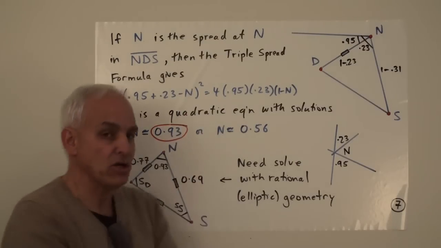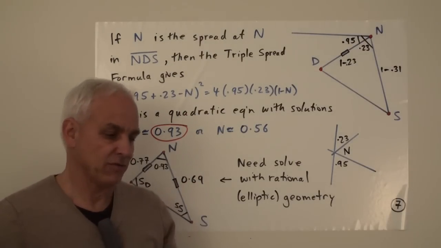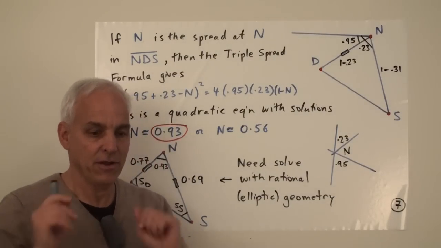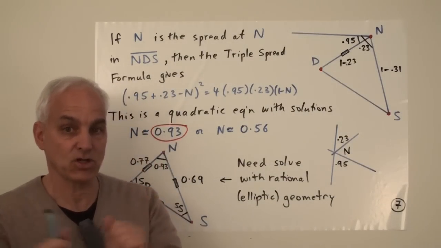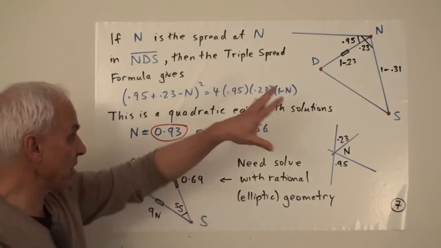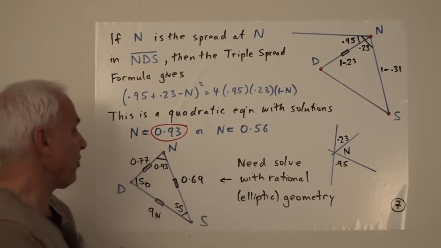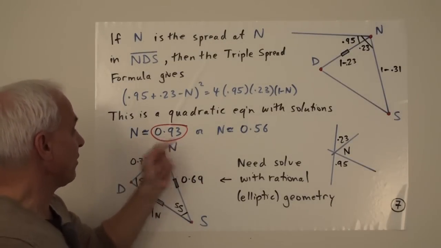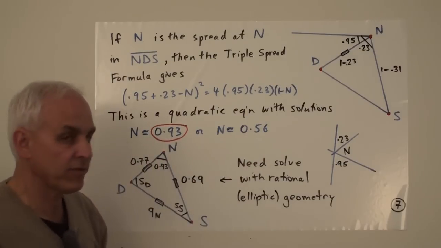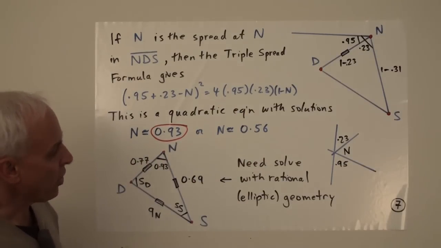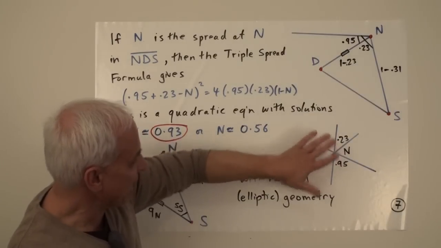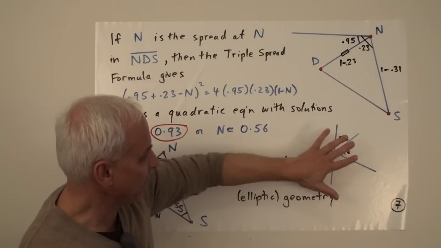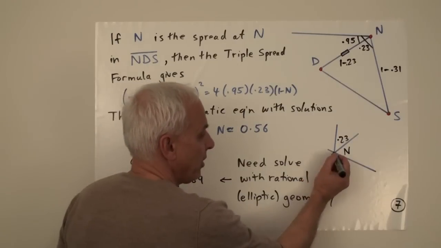This is a quadratic equation. So we have to solve this quadratic equation, and that will prominently figure taking an approximate square root. Everything's only approximate here, so we just have to get an approximate square root to find the two values. n is, say, 0.93 or n is 0.56. Now we have to look at the situation and decide which one of these is the relevant one. So we had a situation like this when we were looking at it from the North Pole. Here's the North Pole.